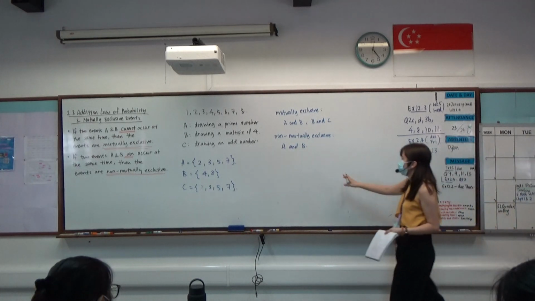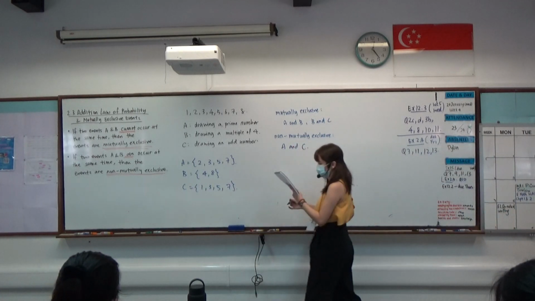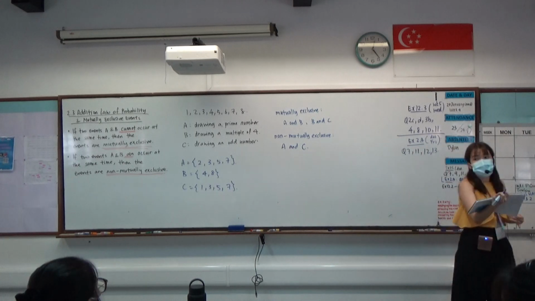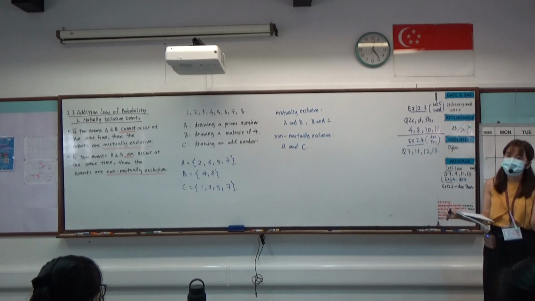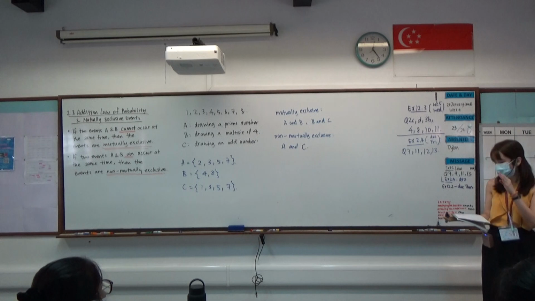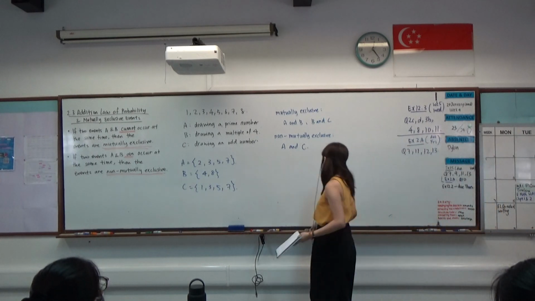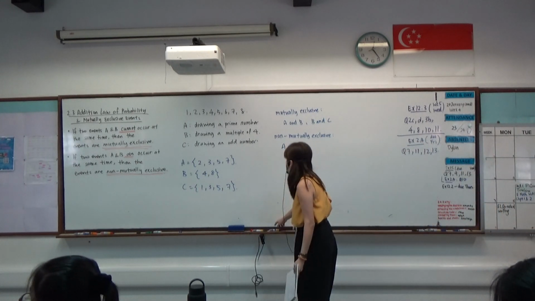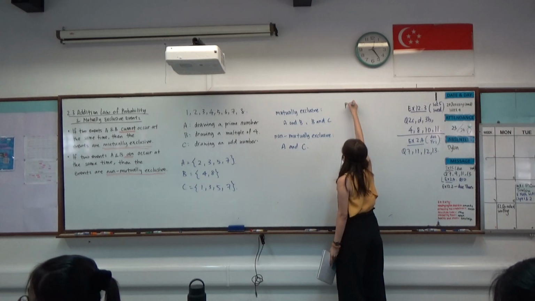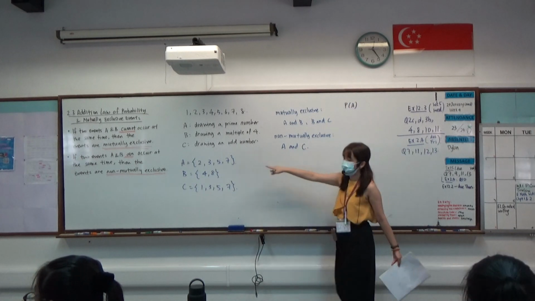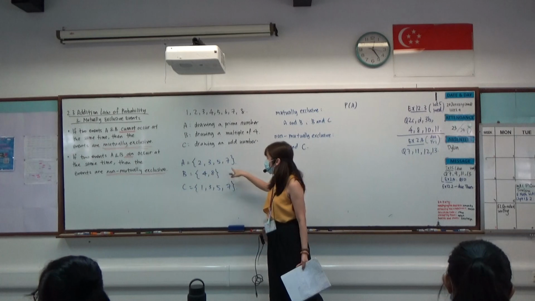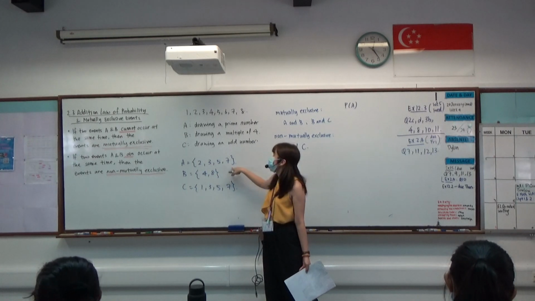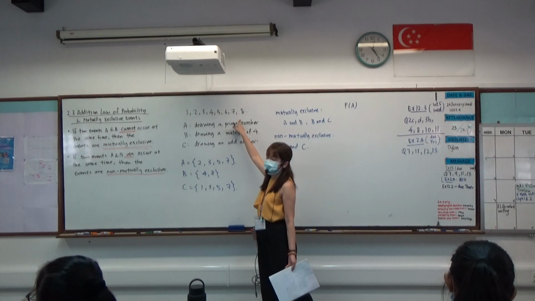Okay, so what do we understand about mutually exclusive and non-mutually exclusive events is if you would look closer at the probability itself. Okay, so let's look at the probability of A happening. So there are 4 outcomes that are favorable as compared to 8 possible outcomes in total.